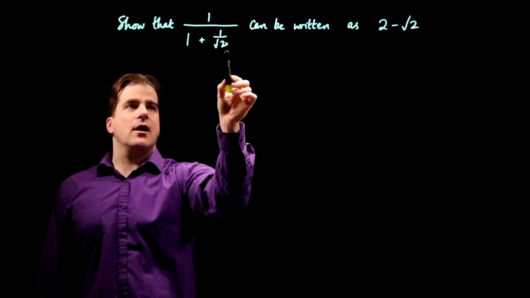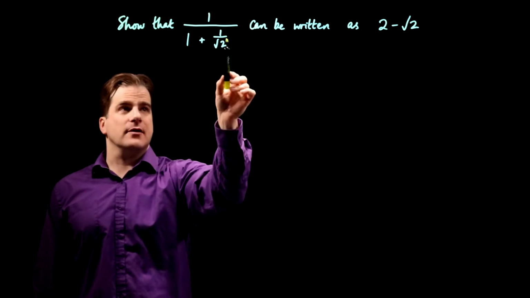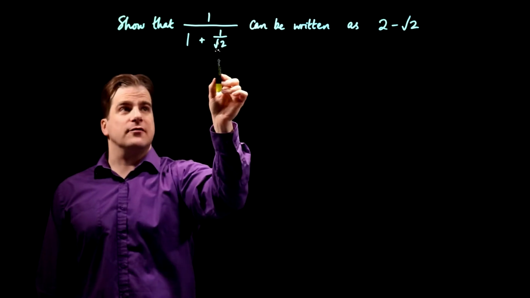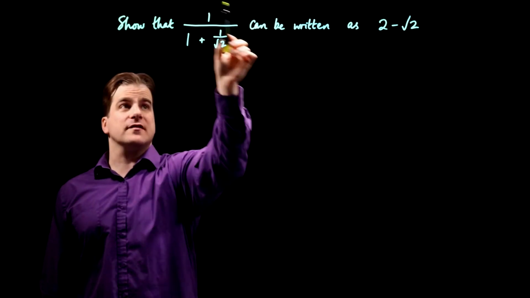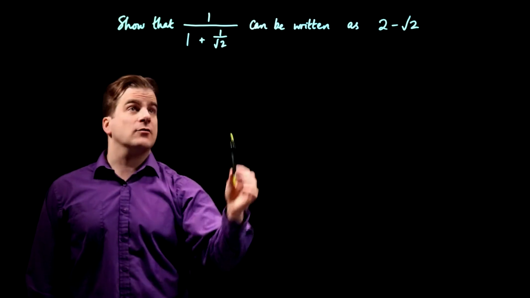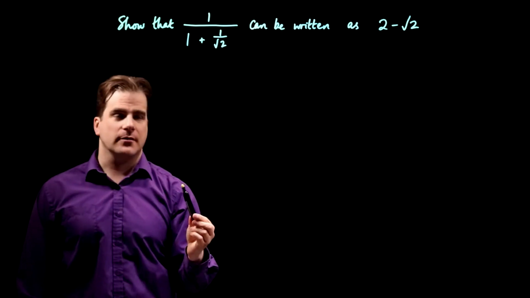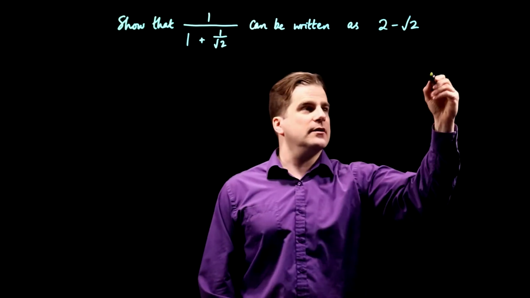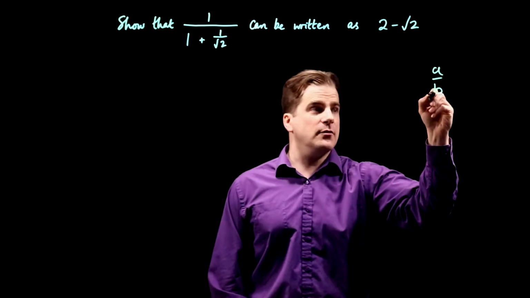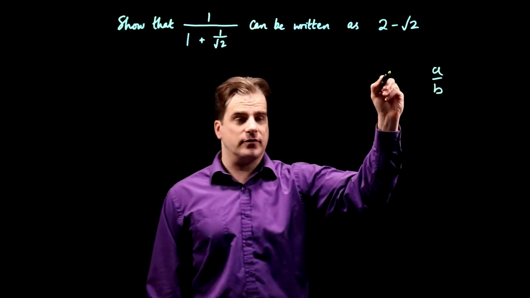So, are we allowed to multiply that by root 2? Well, we can achieve that by multiplying the bottom of this whole thing by root 2. And we are allowed to do that as long as we multiply the top by root 2. Because for any fraction, a over b say, you can do whatever you want to the bottom as long as you do the same to the top.